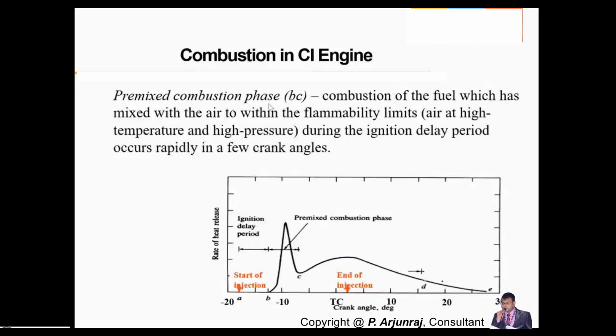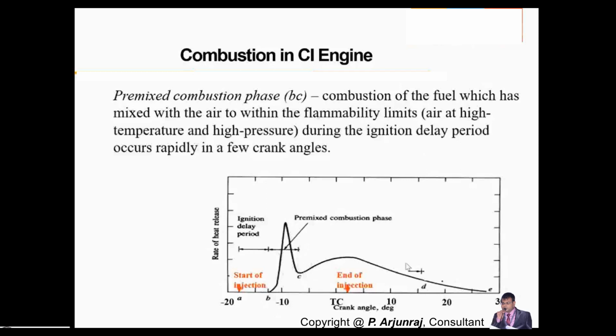Okay, the next stage is the pre-mixed combustion phase, P2C. Here the combustion of the fuel which has mixed with the air gives high pressure and high temperature, which you get out of the ignition delay period. This happens with respect to the crank angle, which is shown on the x-axis. So here air and fuel get pre-mixed.